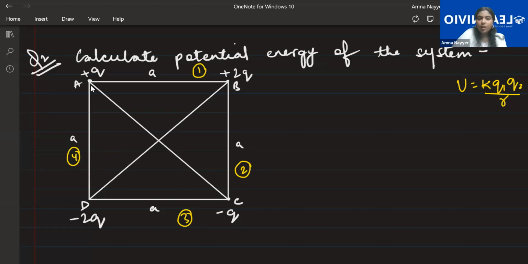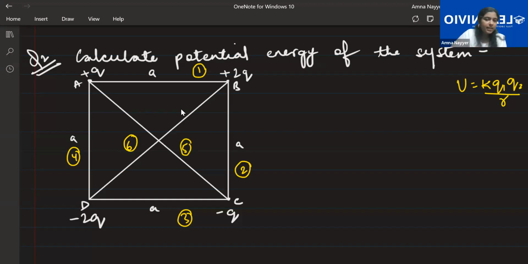These two, potential energy. Also, many students forget this. They write their answers only till here. That will make it incorrect, because the diagonals are also interacting with each other. These are also separated by a distance and they can also exert force. So this becomes the fifth one and this becomes the sixth.